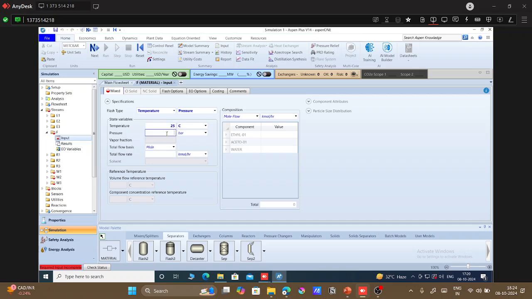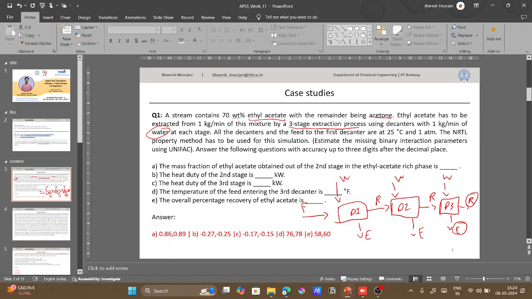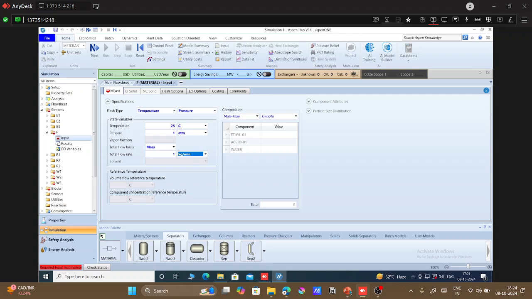Mass flow rate has been provided: 1 kg per minute, with 70% ethyl acetate and the rest is acetone. These are the mass fractions. Okay, so select mass fractions, go next.